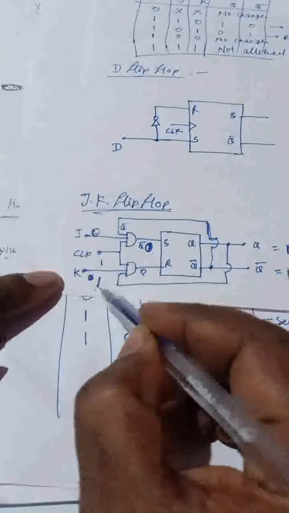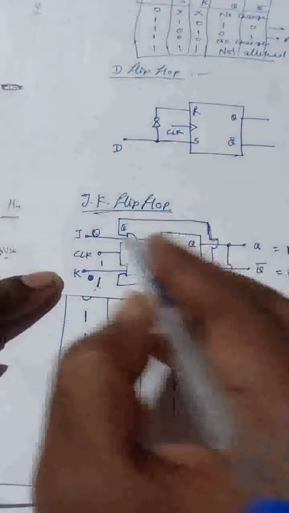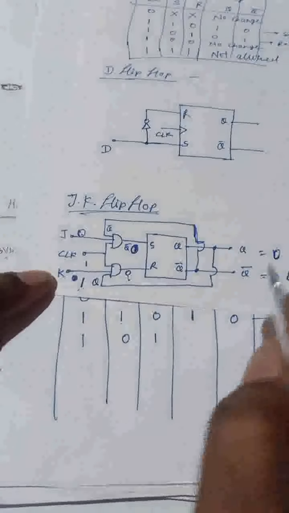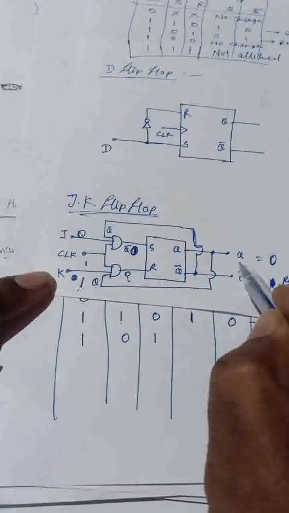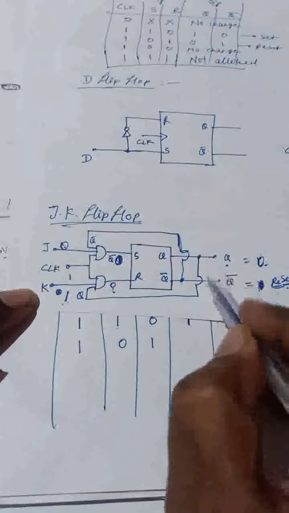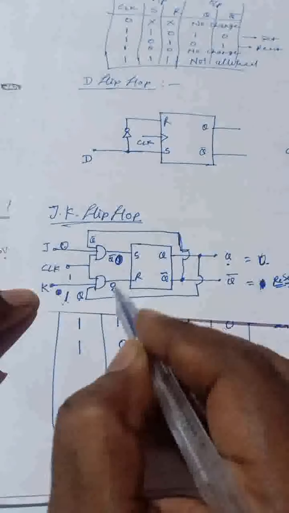Now with K equal to 1, the output of this AND gate depends on Q. If Q equal to 0, it is in reset condition. So this 0 is applied here, then the output becomes 0. S0 R0, so it stays in a reset condition.